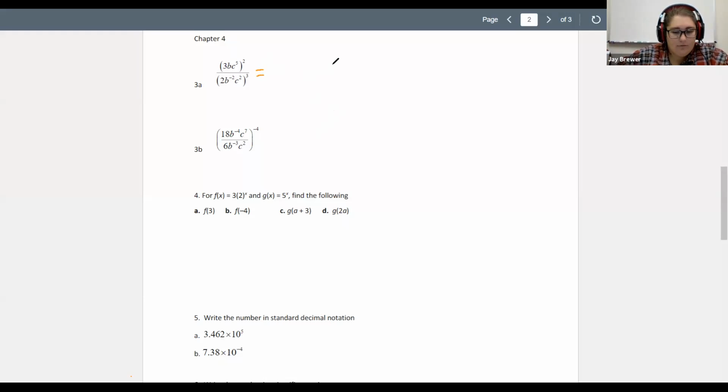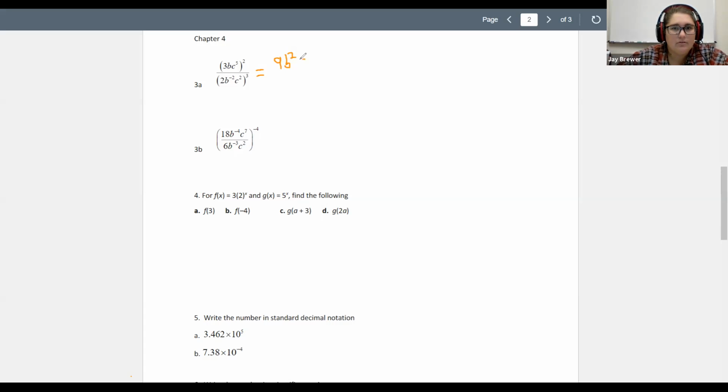All right, so for this one, before you can go through and simplify, you actually do have to do the parentheses first, because you have parentheses on top and bottom. So 3 squared will give you 9. B to the first squared is just b to the second, or b squared.